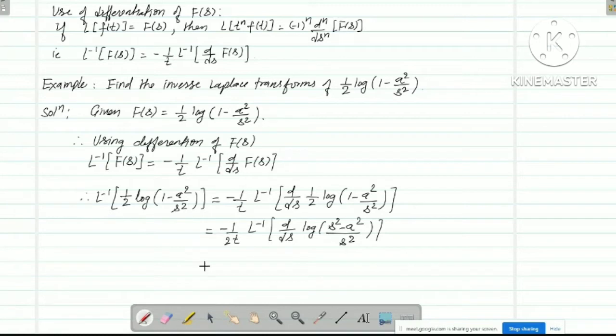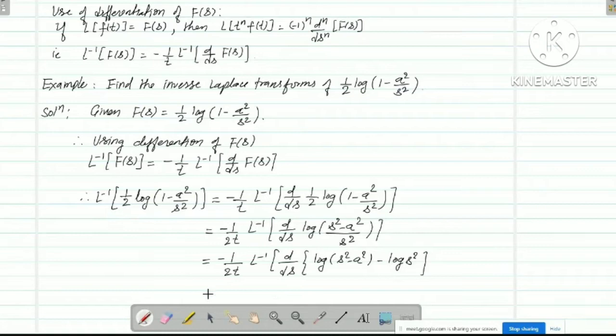So this is equal to minus 1 by 2t L inverse of d by ds, then apply the property of logarithm. So this is log of s square minus a square minus log s square.